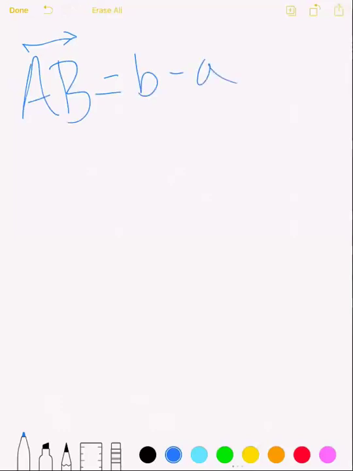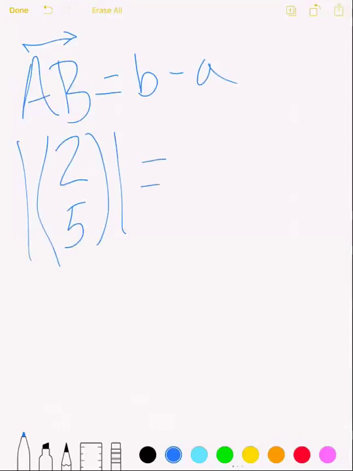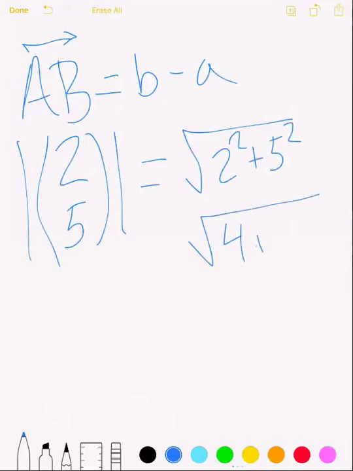So it doesn't matter which one you do first, but I'm going to find AB, which you do by doing B minus A. So we would have 3 minus 1 is 2, and 7 minus 2 is 5. So that's our vector AB. And if I wanted to find the magnitude of it, it would be the square root of 2 squared plus 5 squared, which is the square root of 4 plus 25, which is the square root of 29, and that can't be simplified.